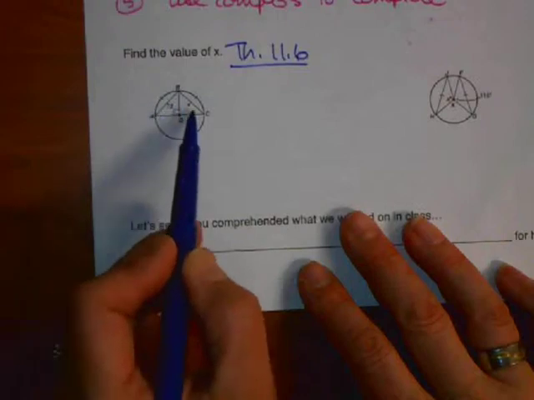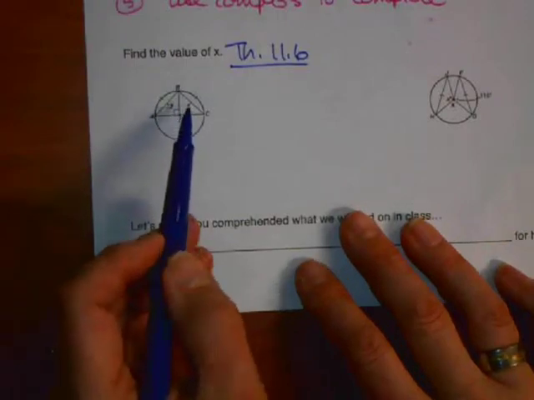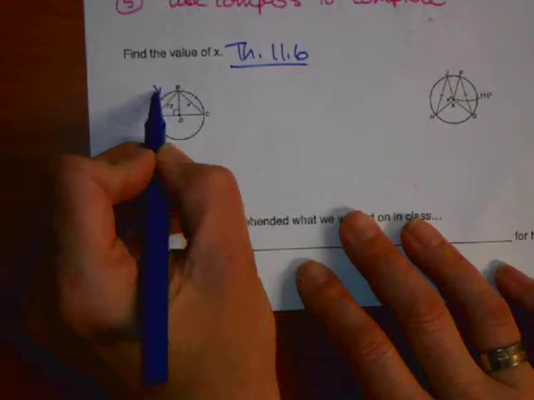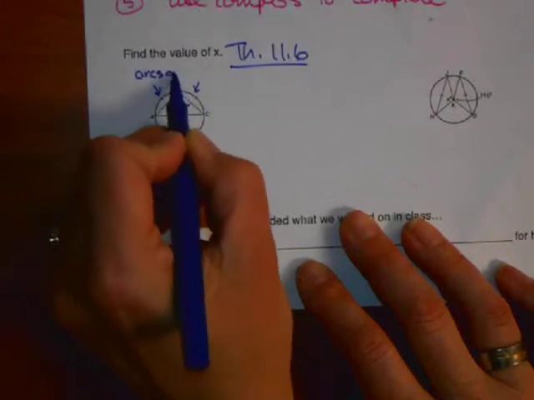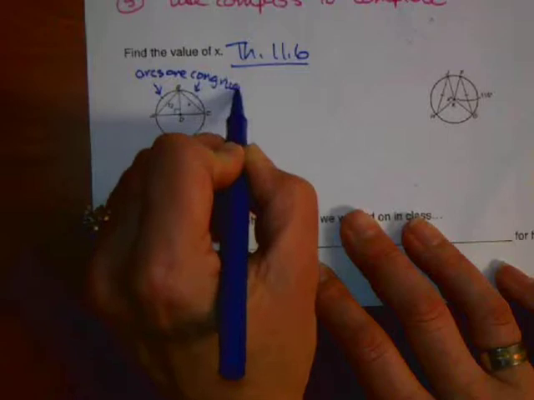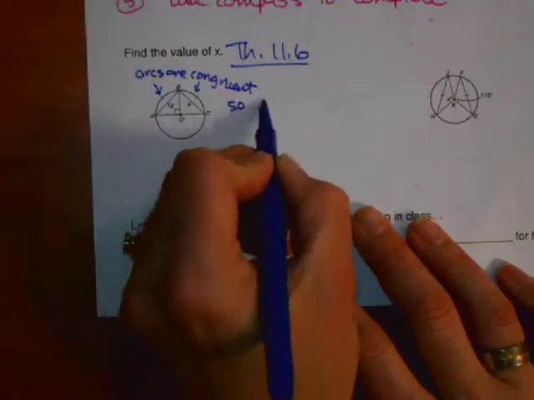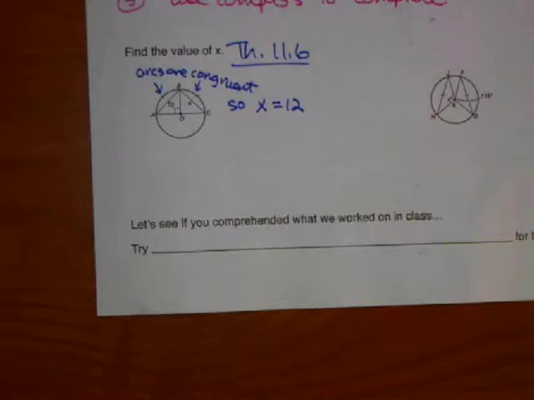If this one is 12, how long is this one? 12. See how easy that is? Okay? So, the arcs are congruent. So x has to equal 12 because the chords are also congruent.